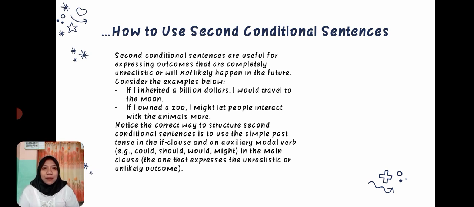Consider the example below. If I inherited $1 billion, I would travel to the moon. If I owned a zoo, I might let people interact with the animals more.